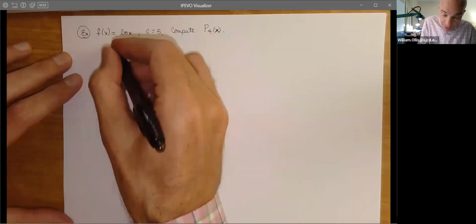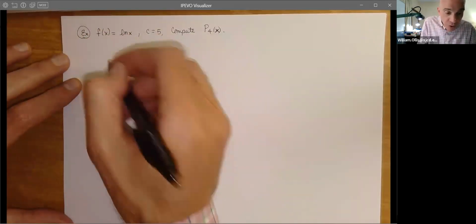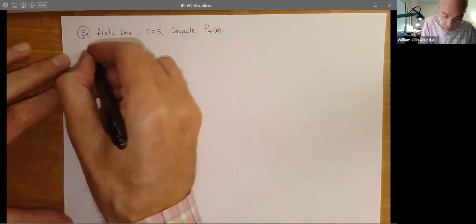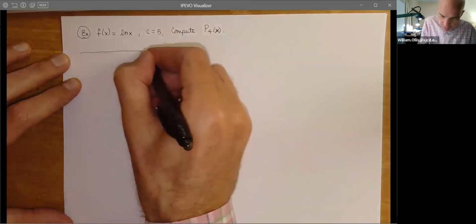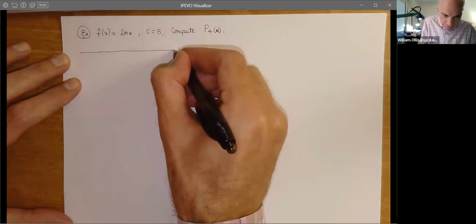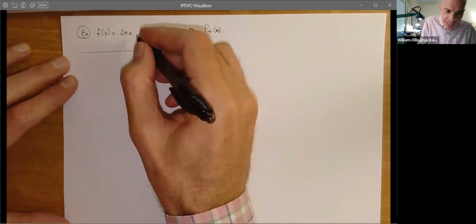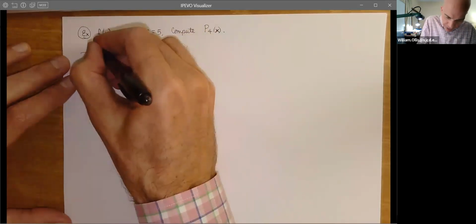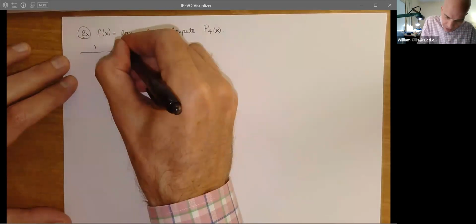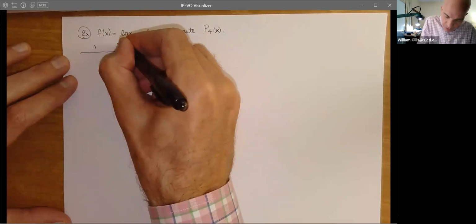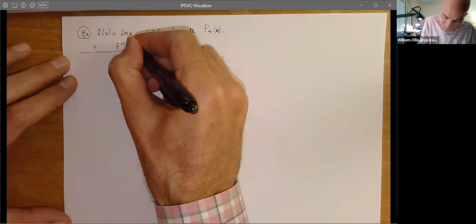So now let's do our little table, and we'll just do 0 to 4. And these are kind of easy to do. We've got n, we have f, because we can do these derivatives in our head pretty much.